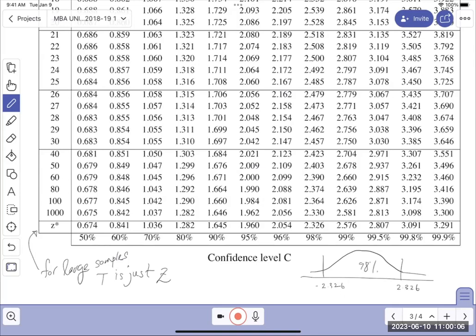So 98% in the middle between negative 2.326 and 2.326 standard deviations from the mean. These are called Z stars.